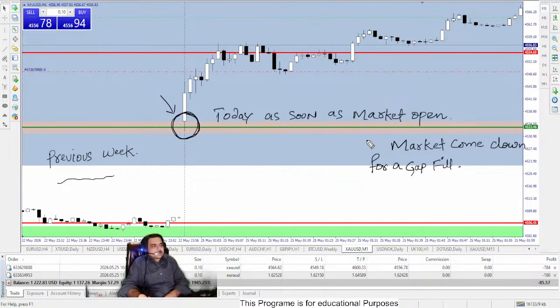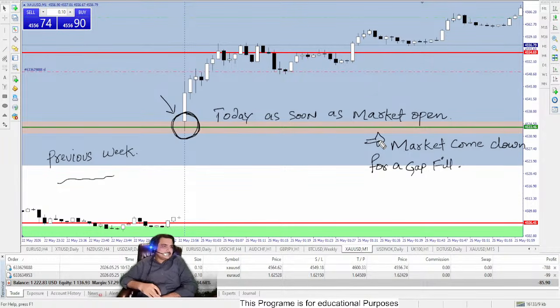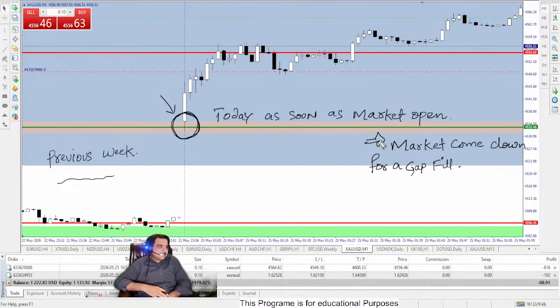Gap filled. So let's say as soon as the market opens and people start buying, why?